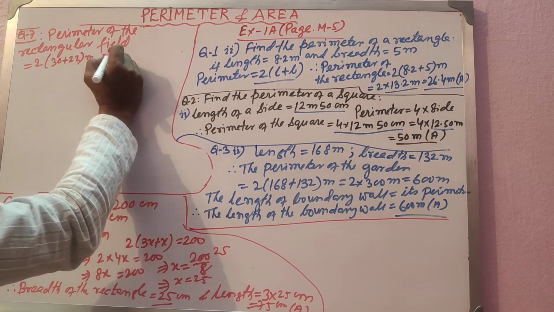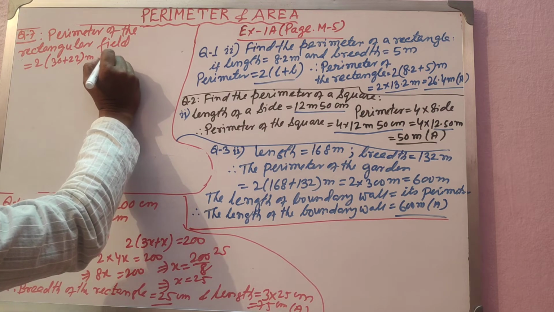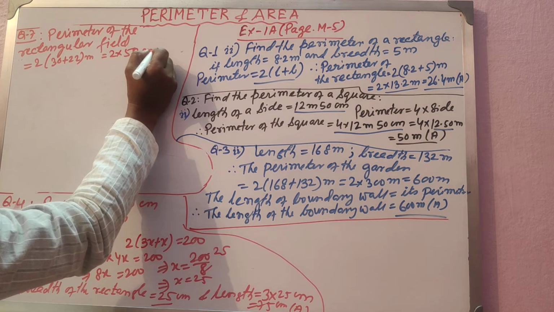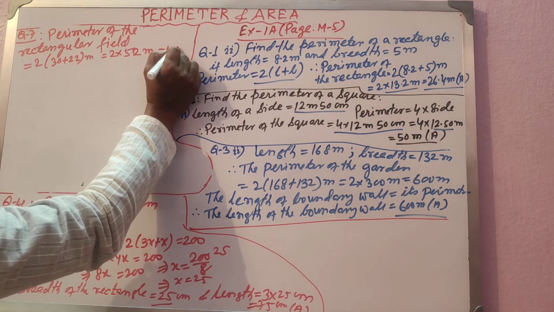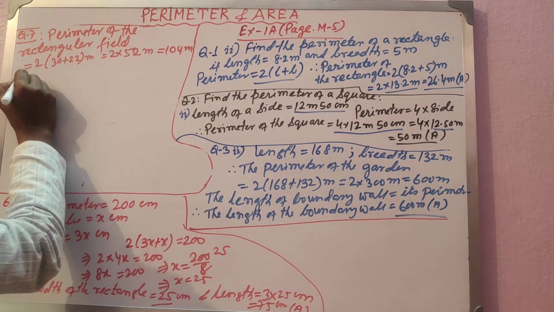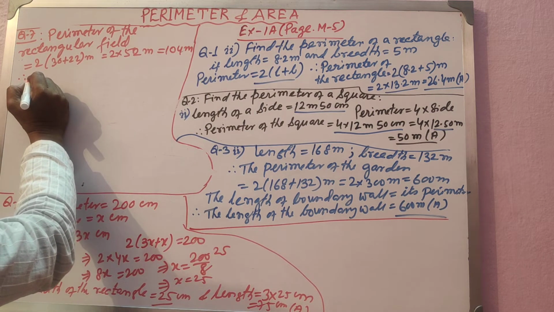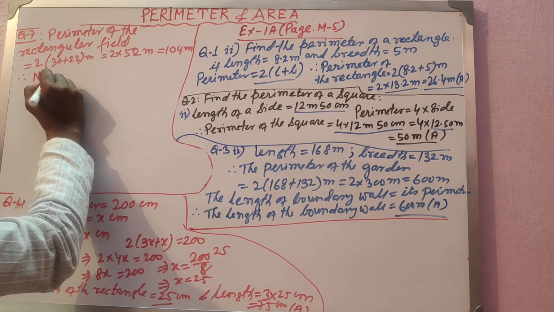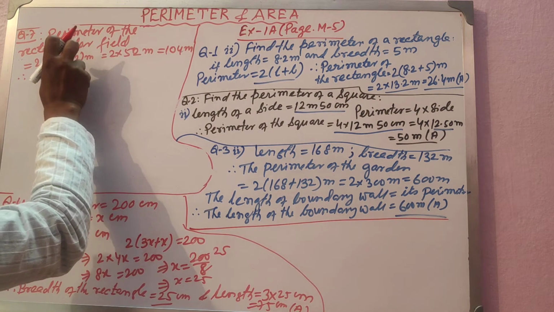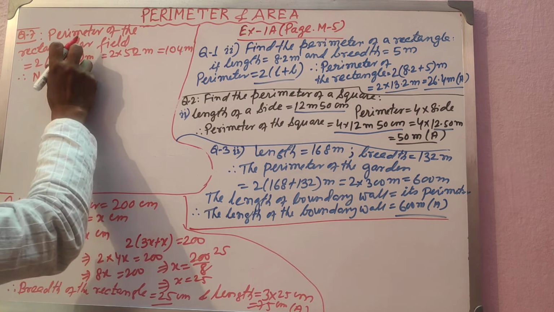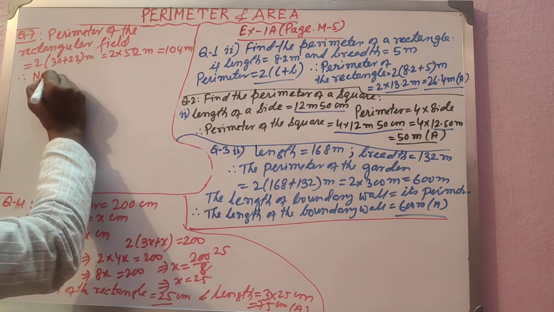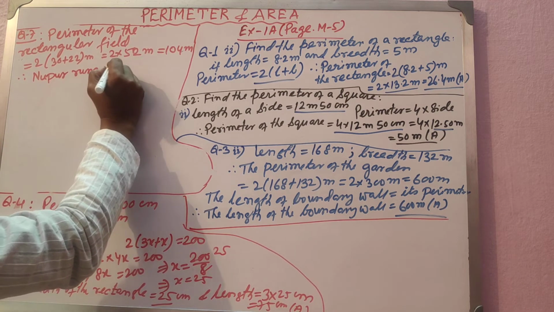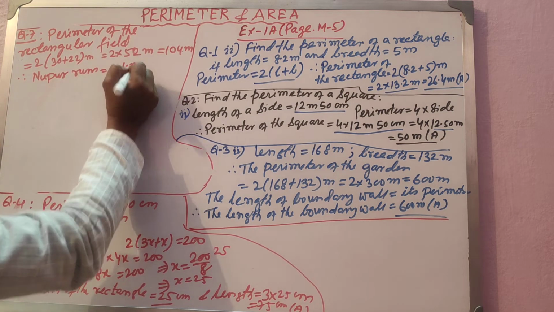That is equal to 52. 2 into 52 meter is equal to 104 meter. Therefore, Nupur runs 104 meter along its perimeter.